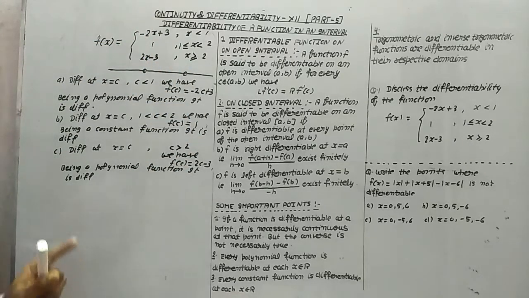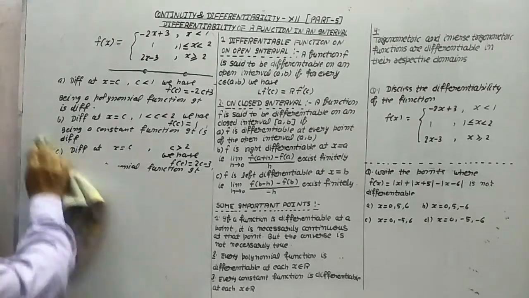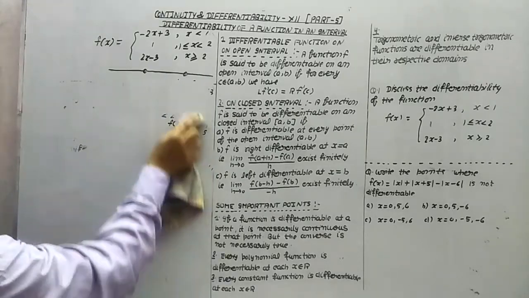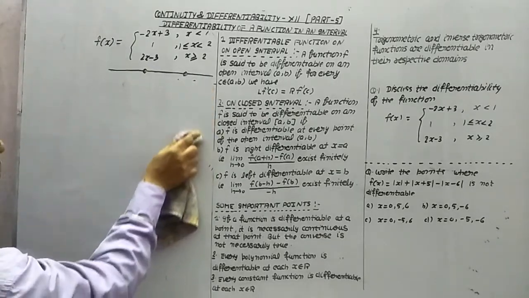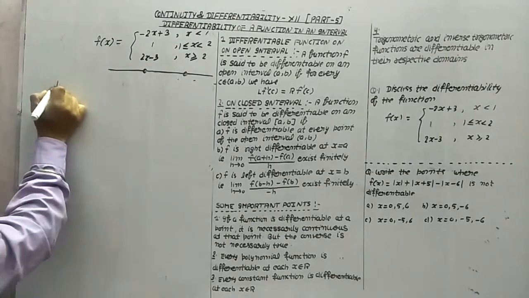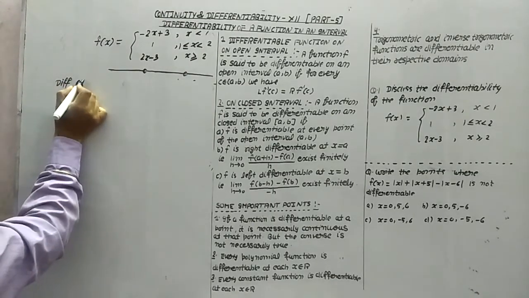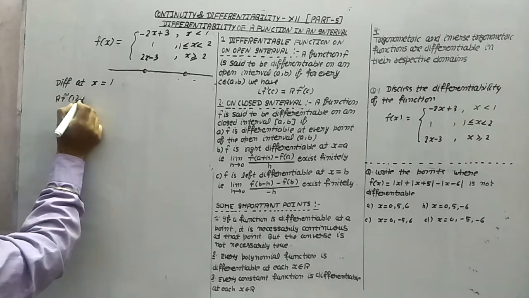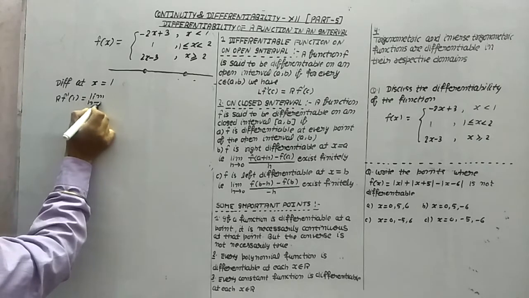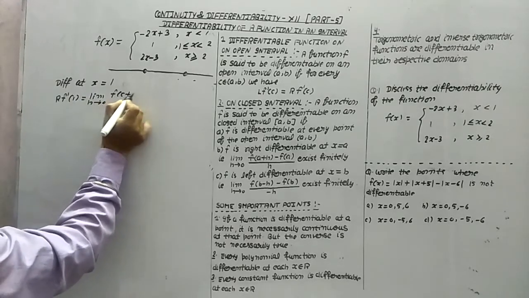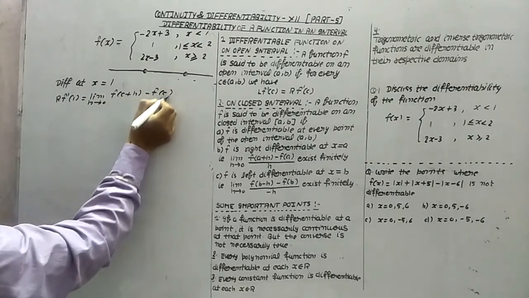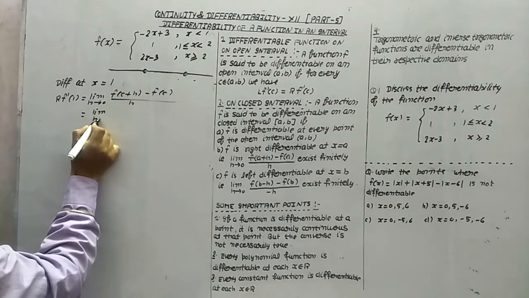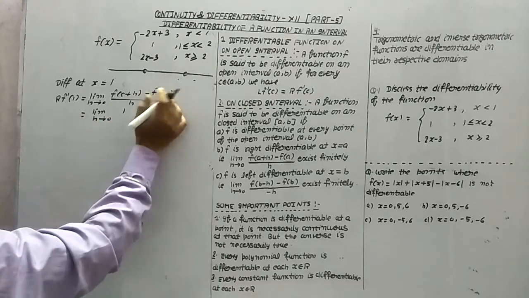Now two parts are left, at 1 and 2. So let's do differentiability at x equals 1 and then at x equals 2. First of all, right hand derivative at x equals 1: limit h tends to 0 of f(1 plus h) minus f(1) upon h. For greater than 1 the function is 1, and f(1) is 1 only.